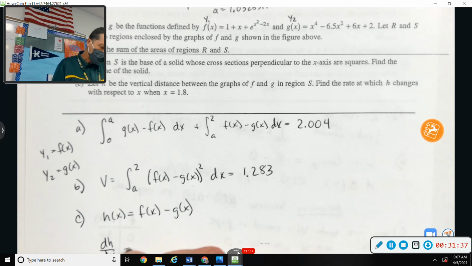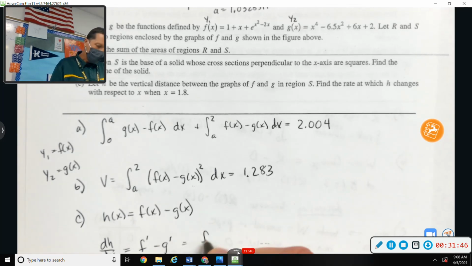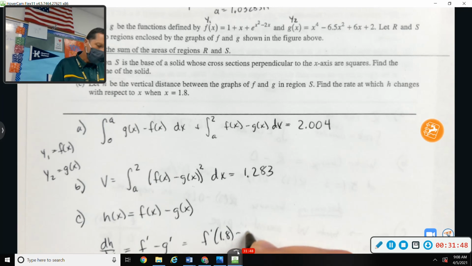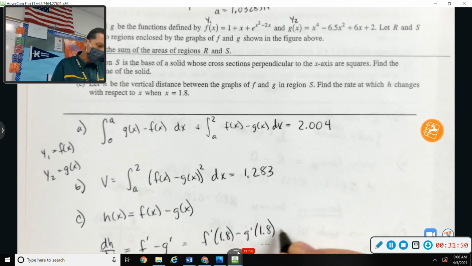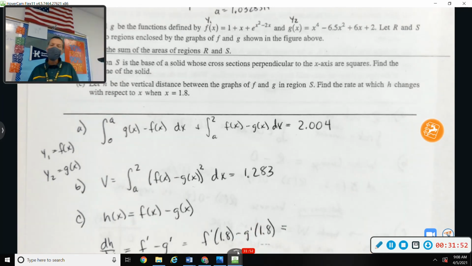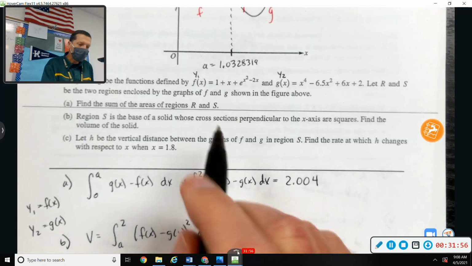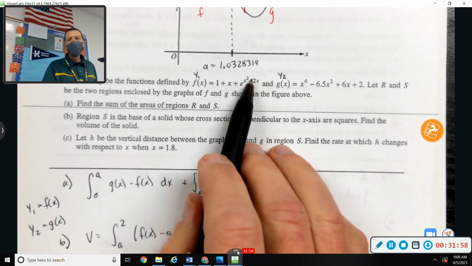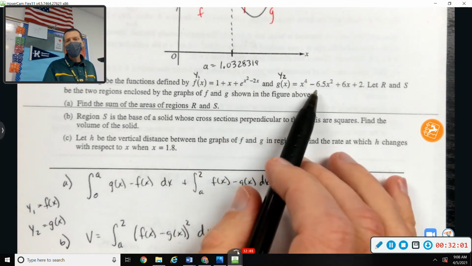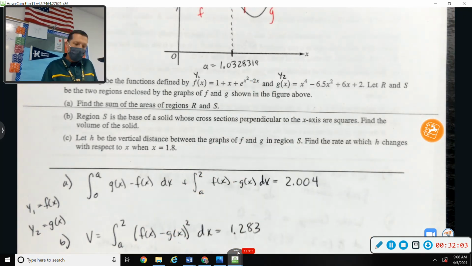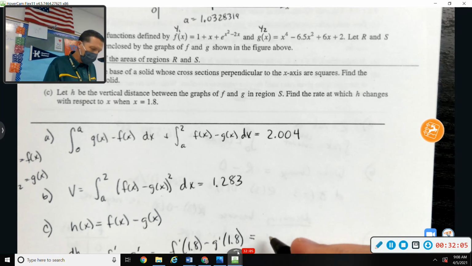Well, that would just be F prime minus G prime at 1.8. So F prime at 1.8 minus G prime at 1.8. And you could use the calculator to find those. So you don't have to take the derivative of this thing by hand. I guess you could. We know enough to do it. But you can let the calculator do that. And you end up with negative 3.812.